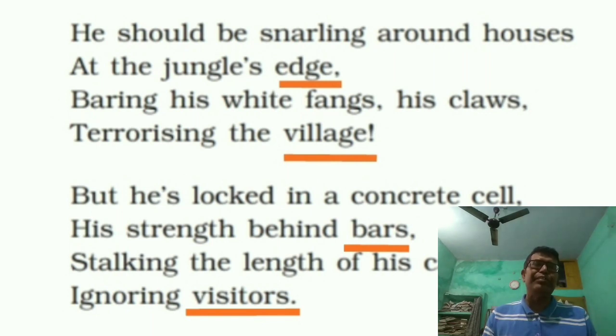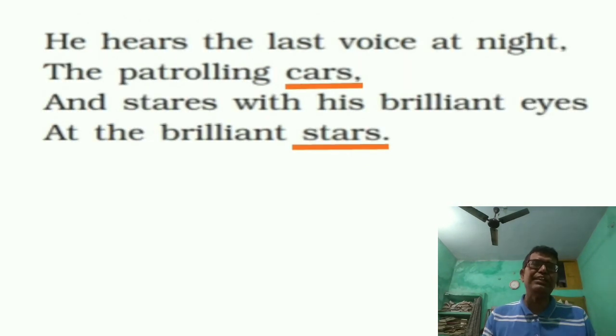This is the fourth stanza that I have explained, and how to identify it. Now in the final stanza: He hears the last voice at night, the patrolling cars, and stares with his brilliant eyes at the brilliant stars.